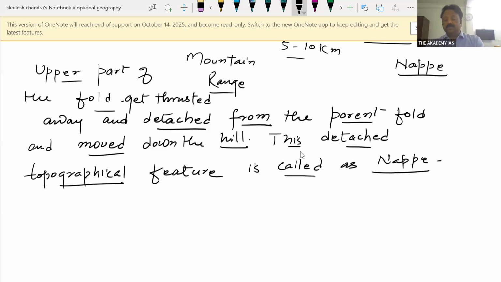So several examples of nappe you will find in folded mountain series, like near the Alps mountains, several kilometers from the foothill, we have so many nappes.